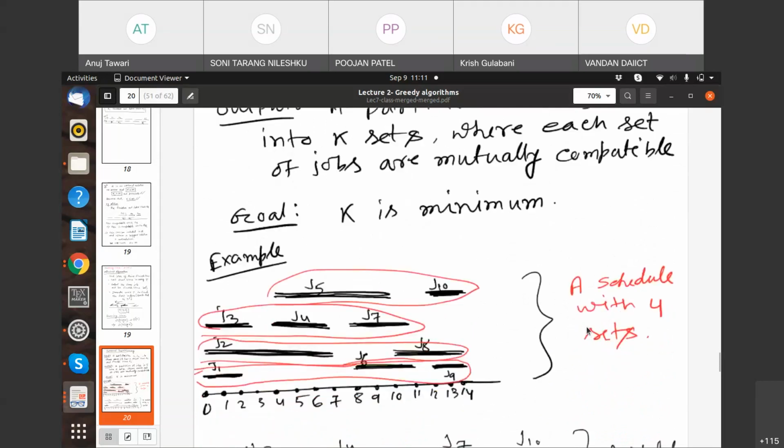Okay. So let's say you are given this set of jobs here, J1, J2 up to J10. And again, the same thing, but we want to create a partition such that in each set there is no conflict. And we want the minimum number of such sets.